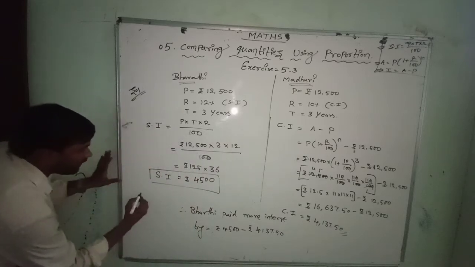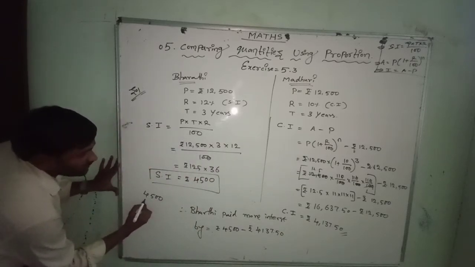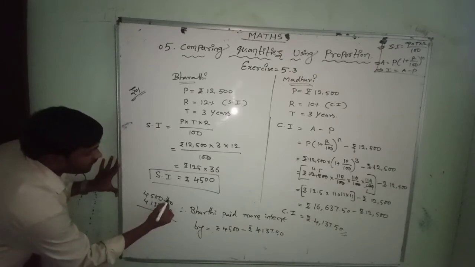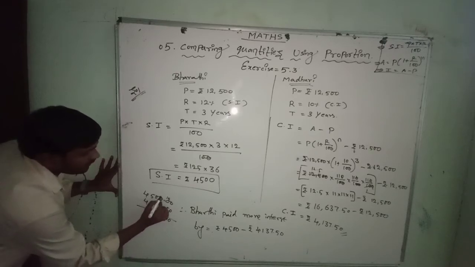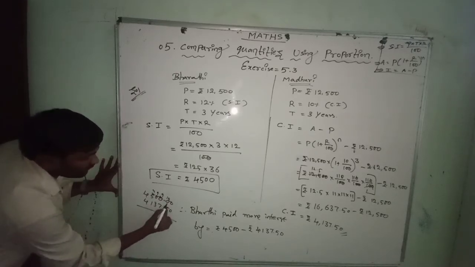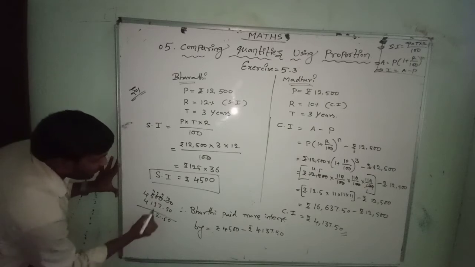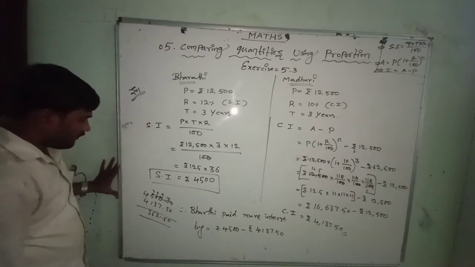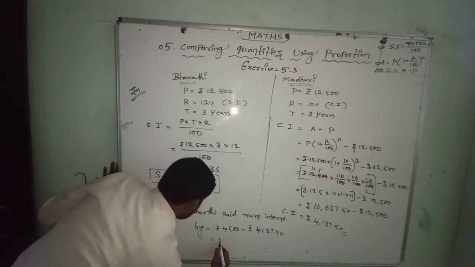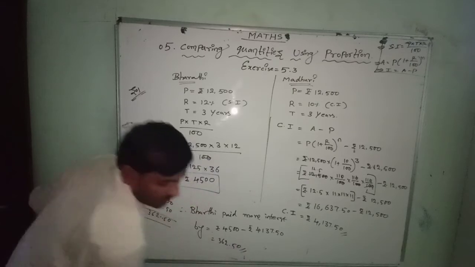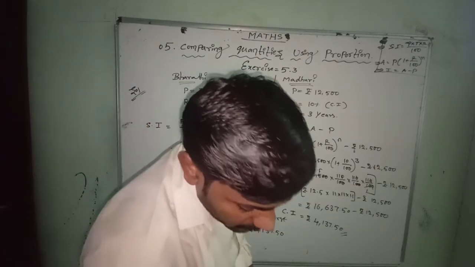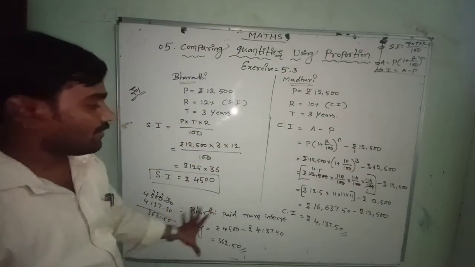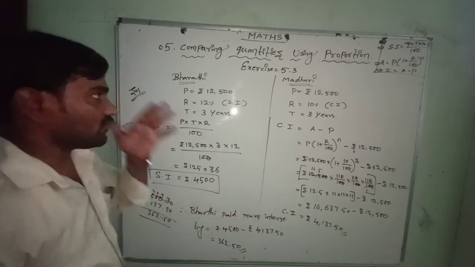If you subtract both, we get 362 rupees 50 paisa. If you find out in the amount also, we will get the same, but we have to calculate the interest. That's why I want the interest.